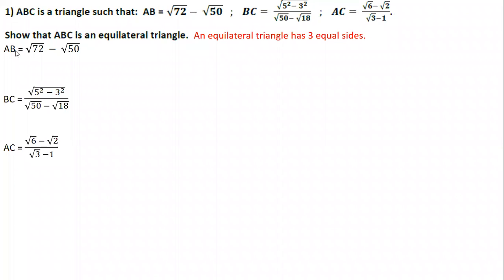Yes. So let's look at AB. AB equals radical 72 minus radical 50. Can we subtract radical 72 and radical 50? Miss, we do prime factorization.